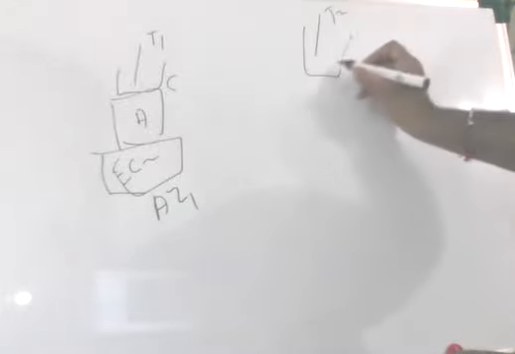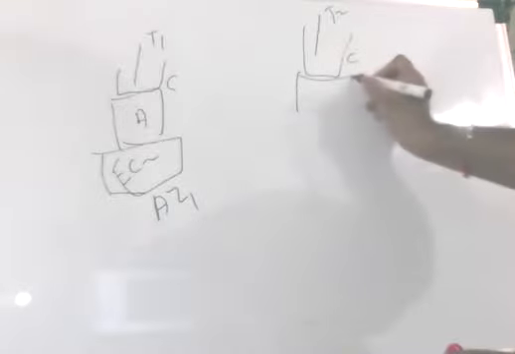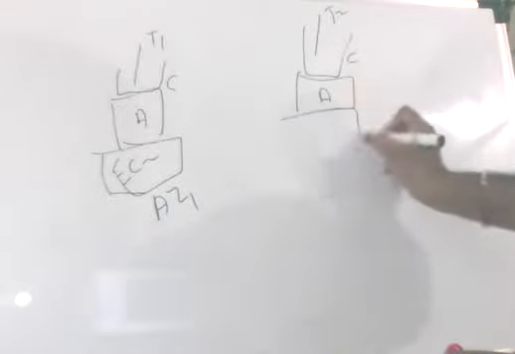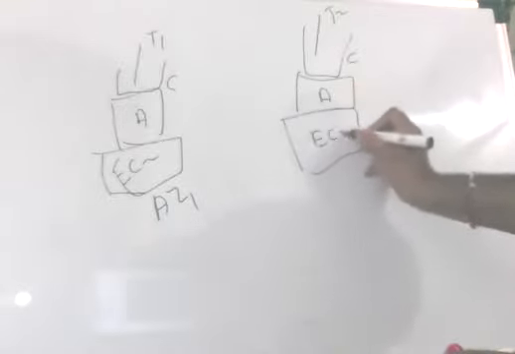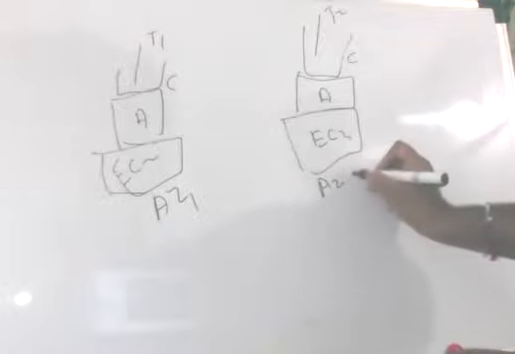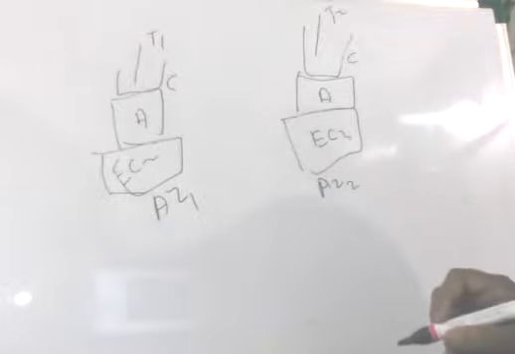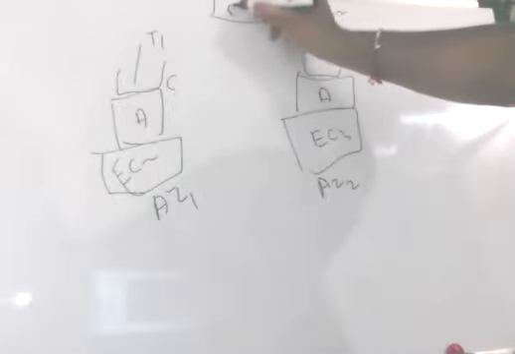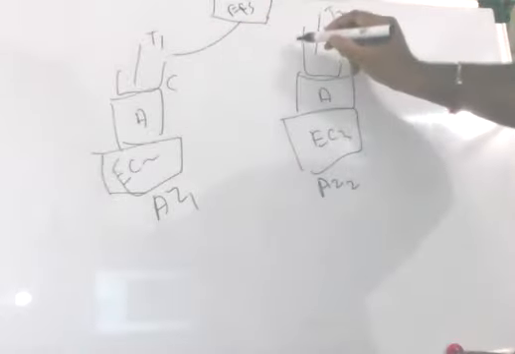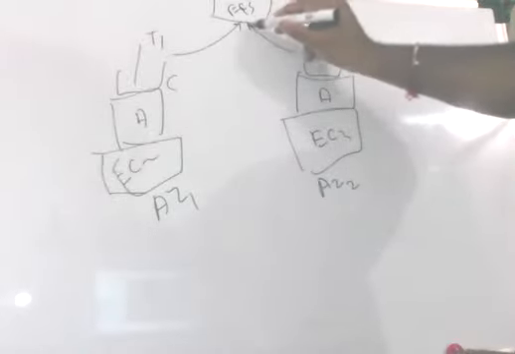There is one more task T2 which is inside a container, which is inside an agent, which is inside EC2, which is inside AZ2. I want one file system like EFS so that both tasks can share it.